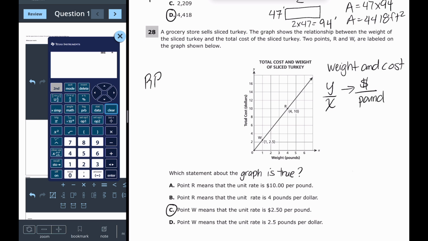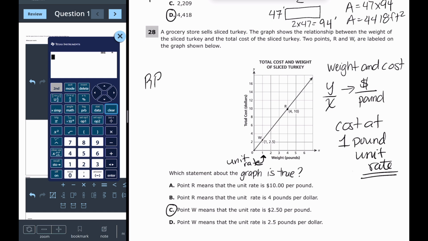So we're looking for the price per pound. So which statement about the graph would be true? So we're looking at 2 points, point R, which is up here, 4, 10, and point W, which is 1, 2.5. And we already know that when we find the cost at 1 pound, this is going to be the unit rate. So we already know that. Unit rate. So that would be our W.